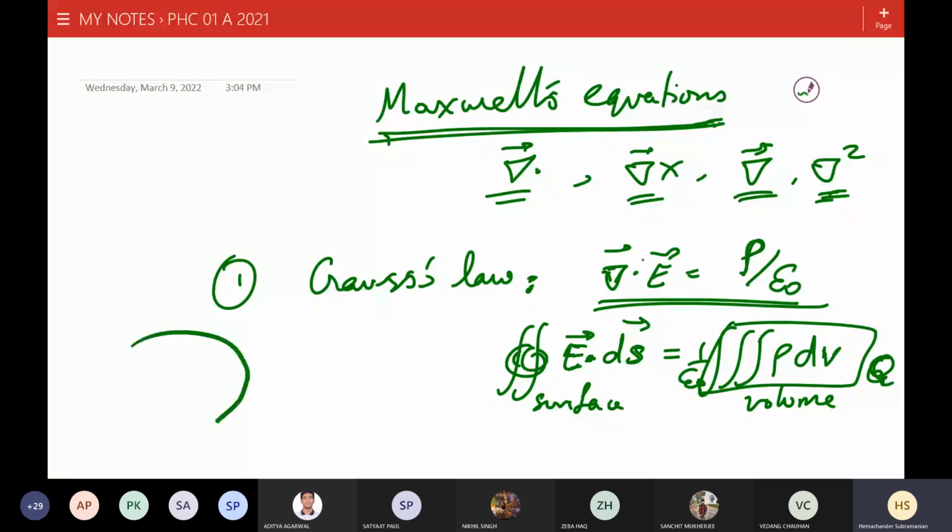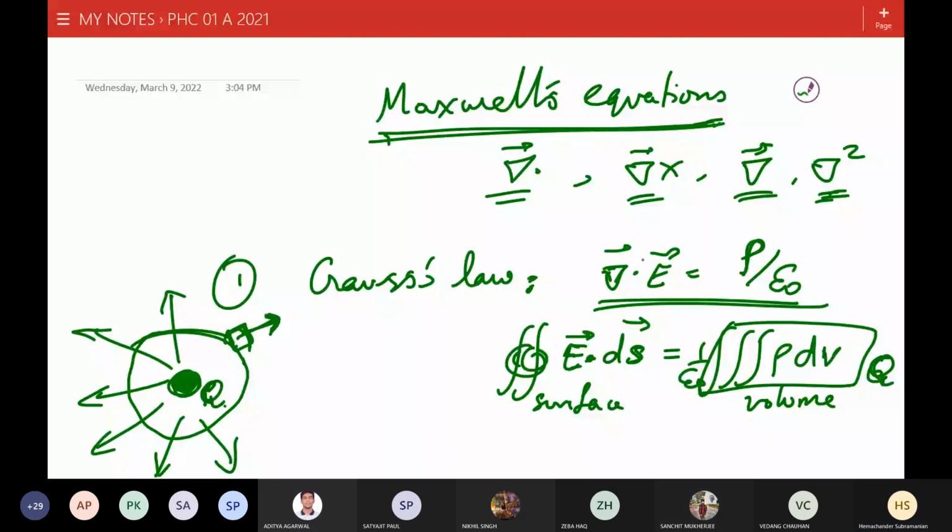If you have a charge Q at the center, you will have electric field coming out like that.